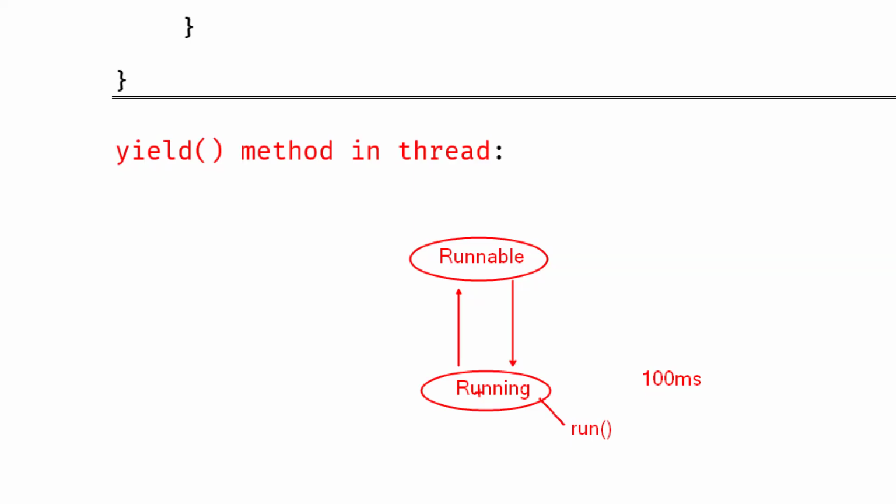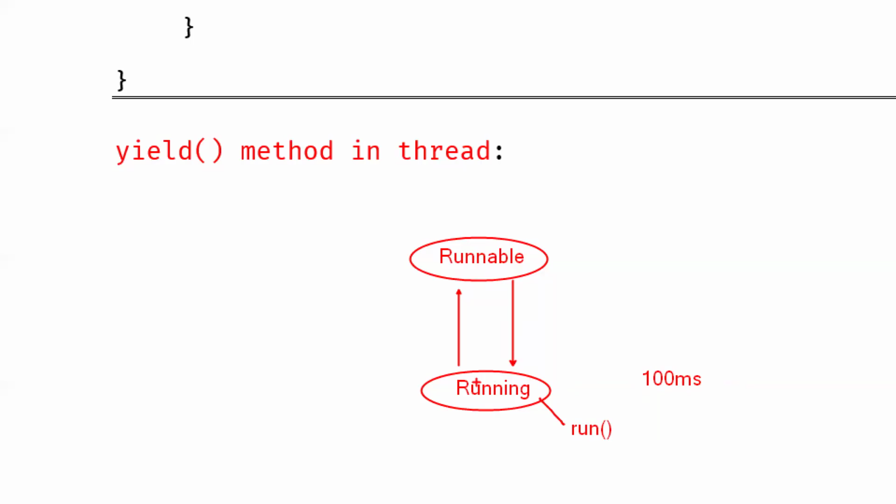Very good. Come to the point. Suppose a thread's time slice is 100 milliseconds, but before 100 milliseconds, a thread wants to yield, meaning come out of running.